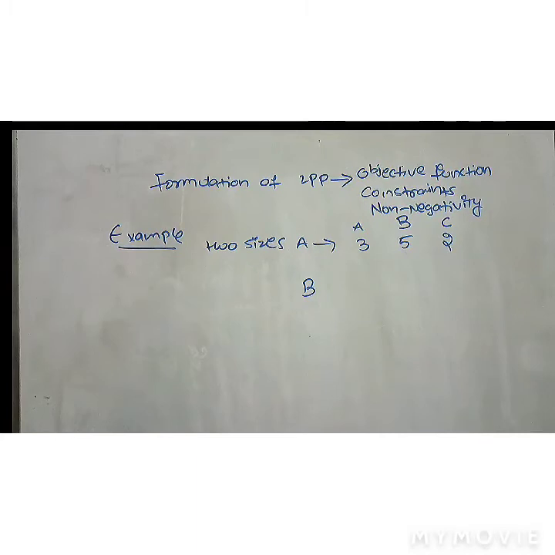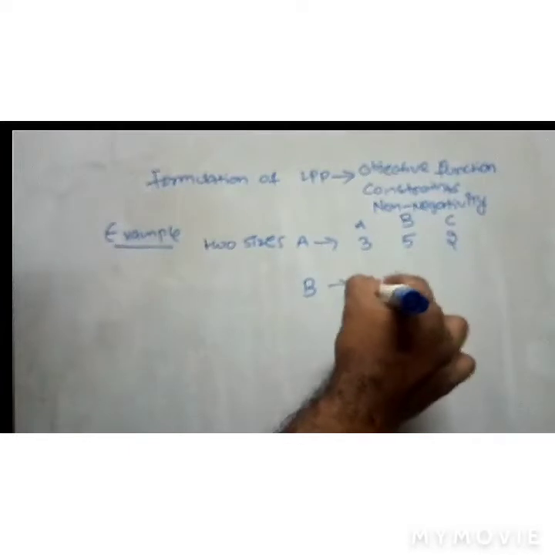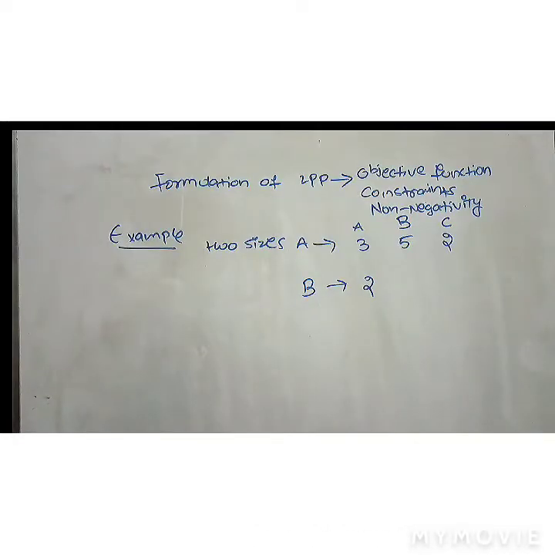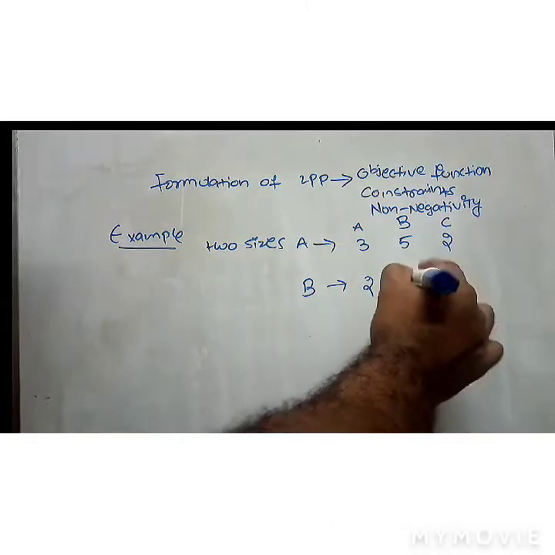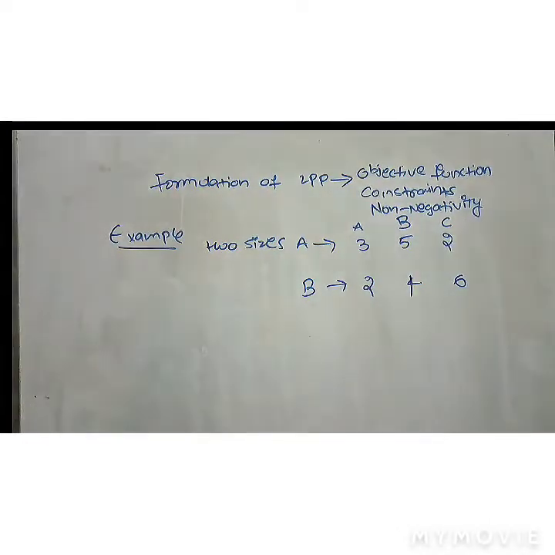So we have two different sizes, size A and size B. Size A tablet contains aspirin 3 grains, bicarbonate 5 grains, codeine 2 grains. The next one is the second size. Size B consists of 2 grains of aspirin, then 4 grains of bicarbonate and also 6 grains of codeine.